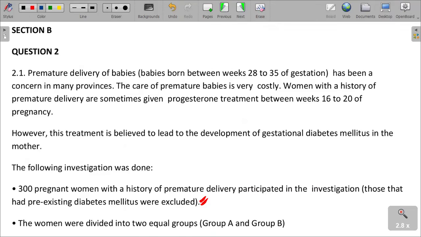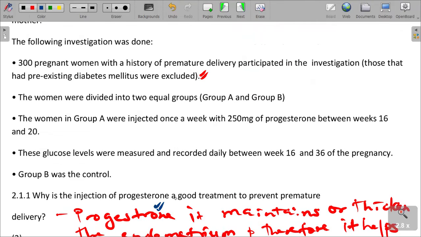However, this treatment is believed to lead to development of gestational diabetes mellitus in the mothers. So we need to look into the effect of what and what. What is under investigation?